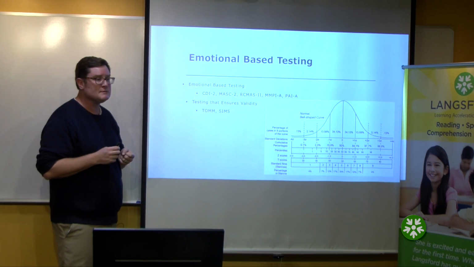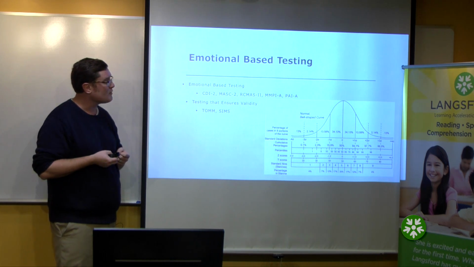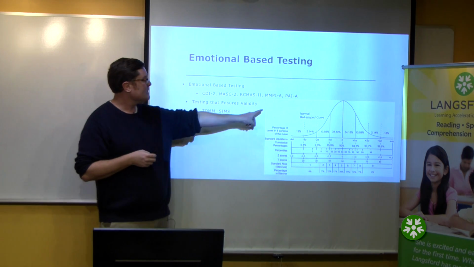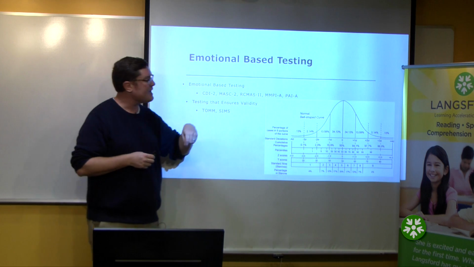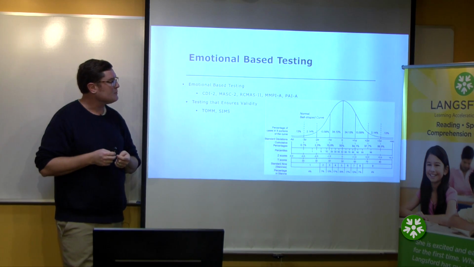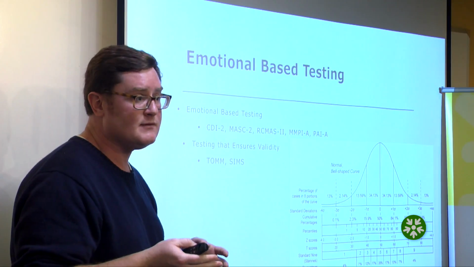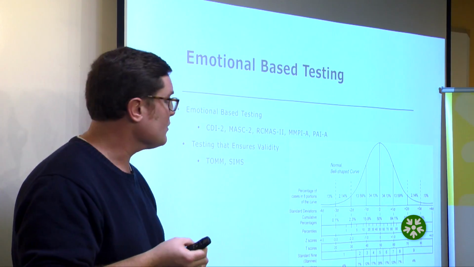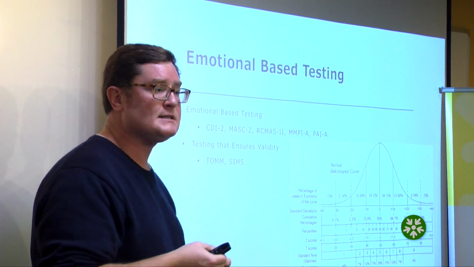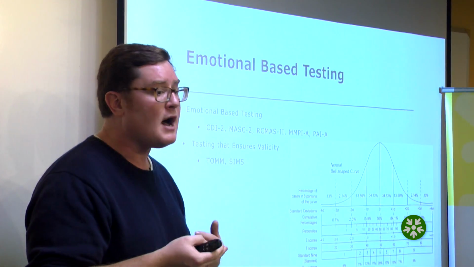And then we also sometimes will do more testing that's more broad. So these last two, the MMPI-A or the PAI, these are both psychopathology inventories, or kind of personality inventories for adolescents, that dig into a lot of different symptoms.